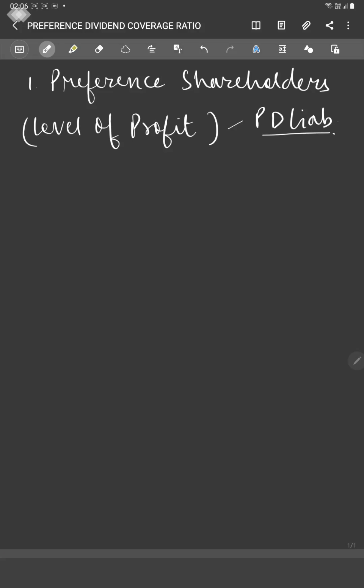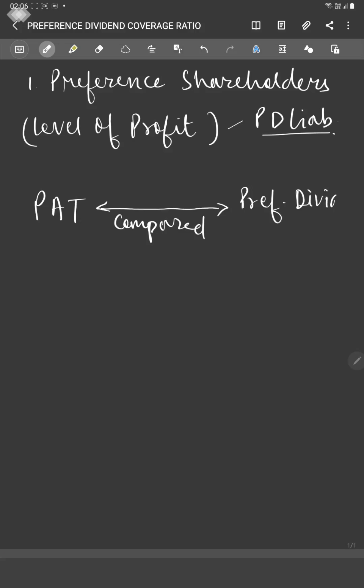So here we can say that under preference dividend coverage ratio, profit after tax is compared with preference dividend liability.